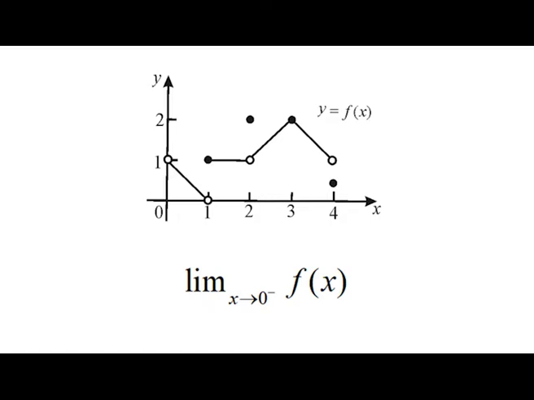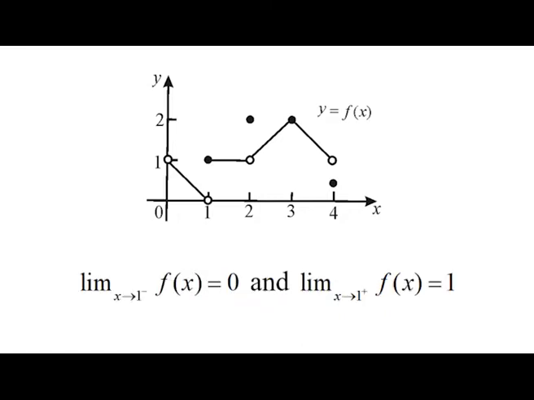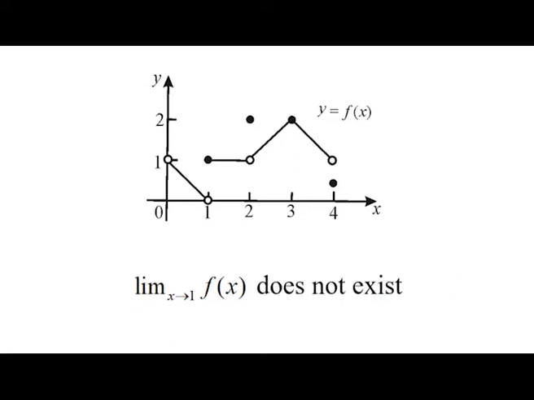Hence, limit of f of x as x approaches 0 also does not exist. We also have limit of f of x as x approaches 1 from the left is 0 and limit of f of x as x approaches 1 from the right is 1. As the right hand and left hand limits are not equal, limit of f of x as x approaches 1 does not exist.